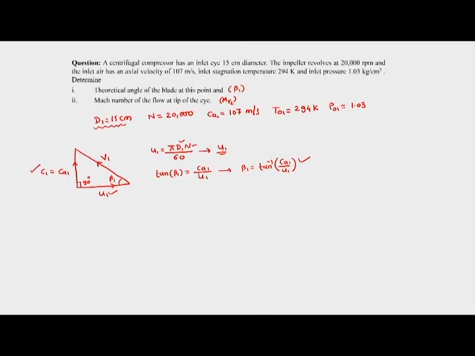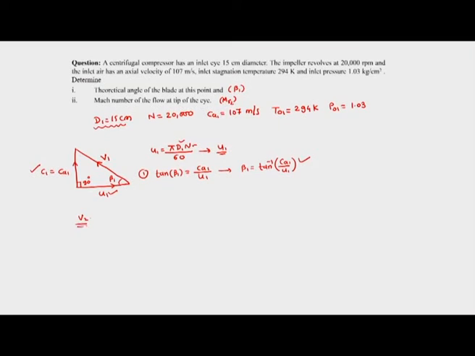Now we have found out the first answer. Now we are supposed to find out the second answer, which is the Mach number of the flow at the tip of the eye. For that we have to find out V2, which is the velocity at the outlet. Once V2 is found out, we can find out the Mach number.